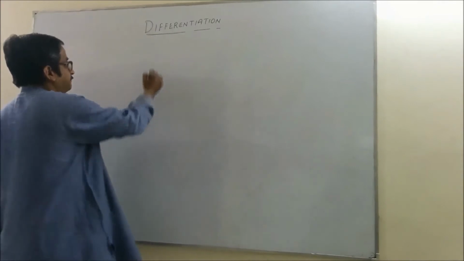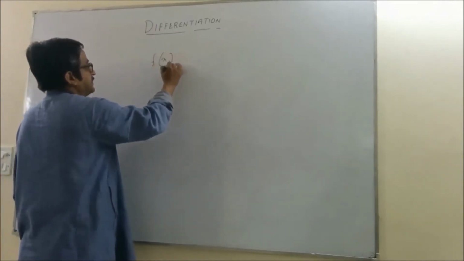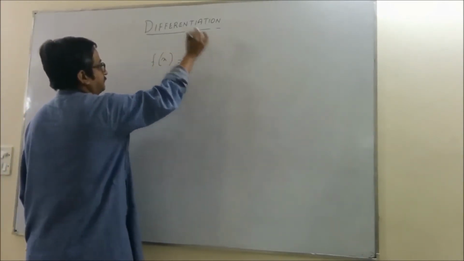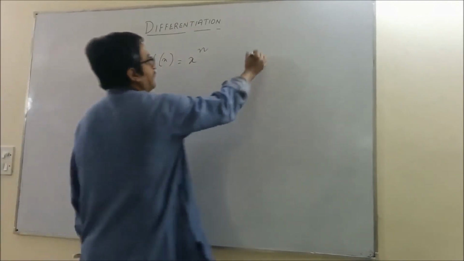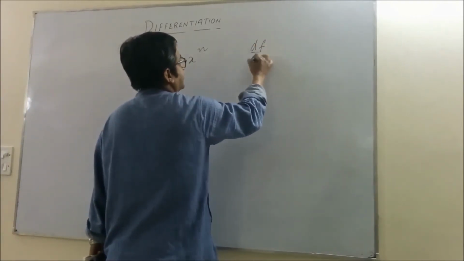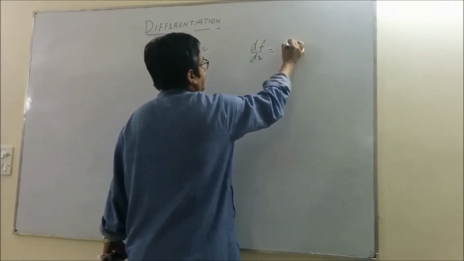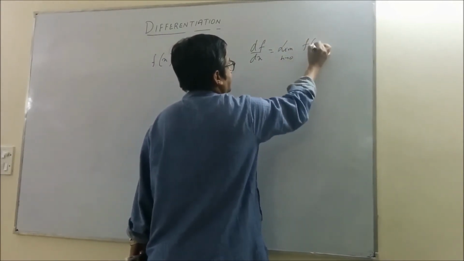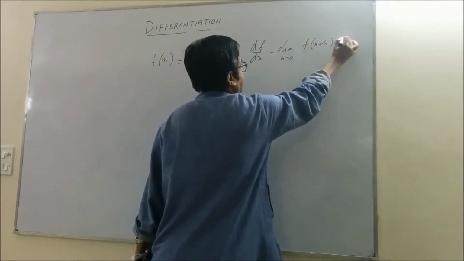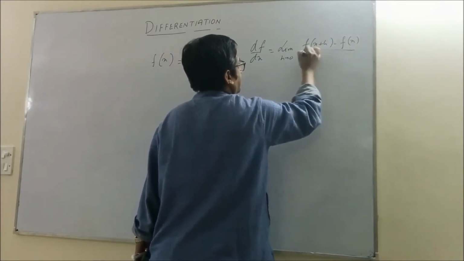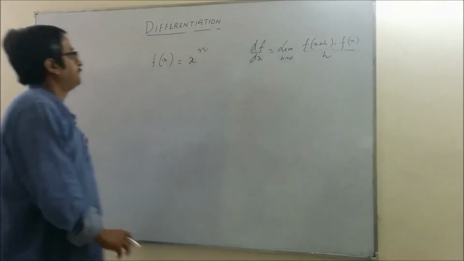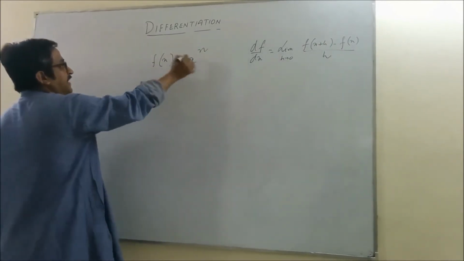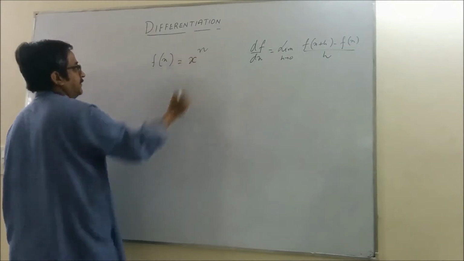Let's try f(x) as x to the power n. Like the definition, df/dx is the limit h tends to 0, f at x plus h minus f at x, by h. So f at x is x to the power n.